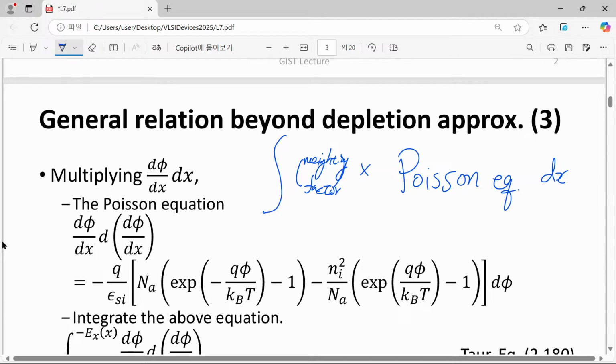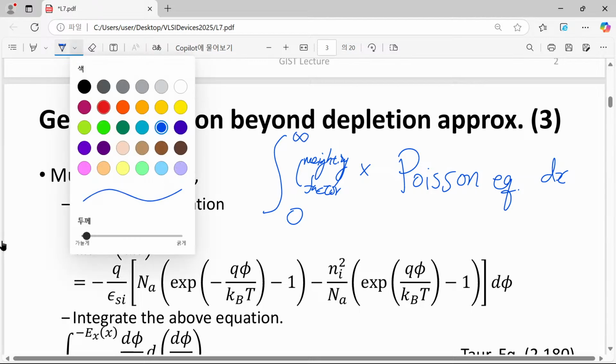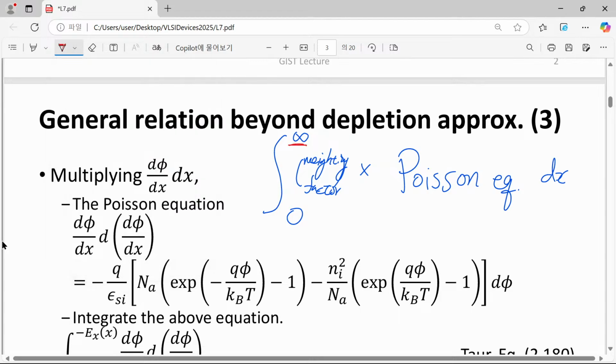So not entire, starting from 0 up to infinity. Of course, this domain corresponds to the silicon part or semiconductor part. That was my final comment on our general procedure to derive something. The natural question is why we have to do this kind of job.